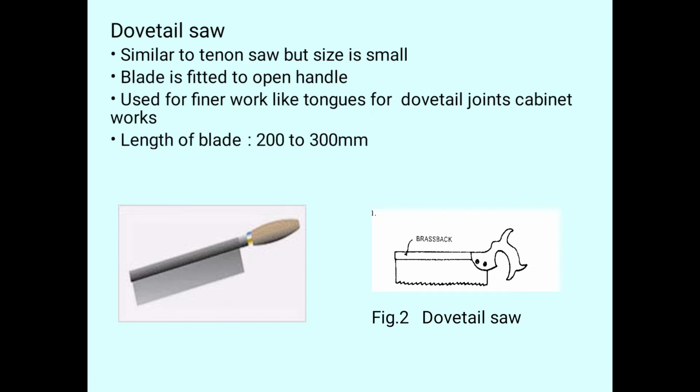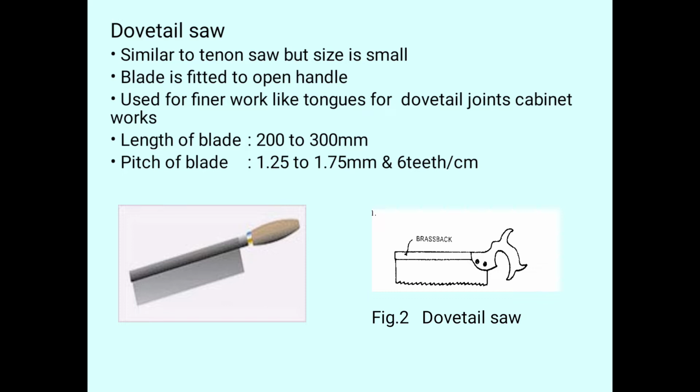Next we have the length of the blade, which ranges from 200 mm to 300 mm. That will be the length of the dovetail saw blade. Next, pitch of the blade.